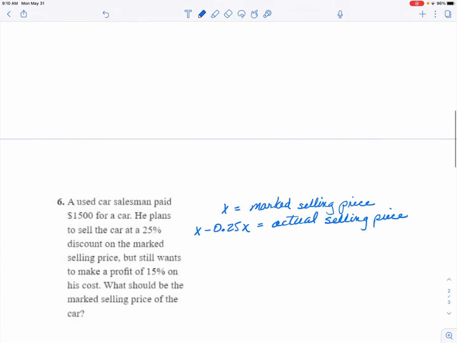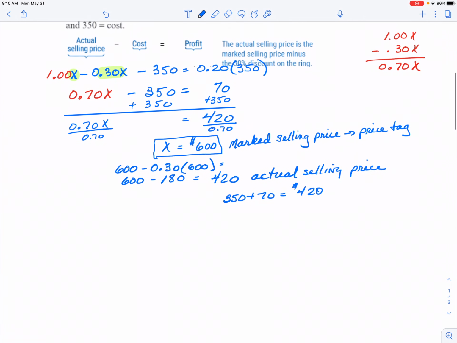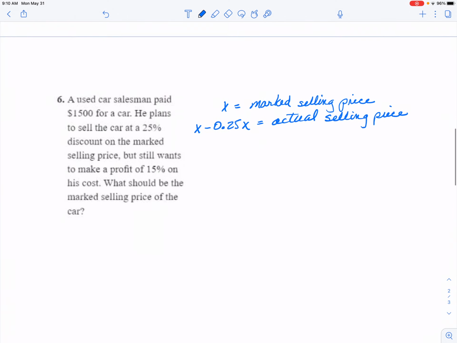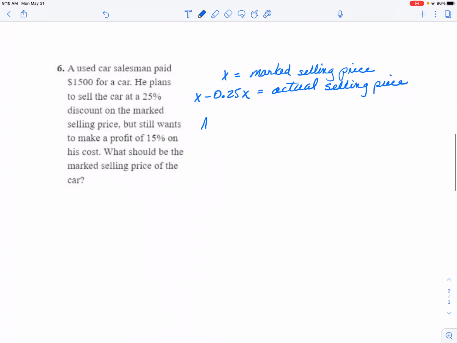Let's go back and get that little formula that we had up here. It was actual selling price minus cost equals profit.